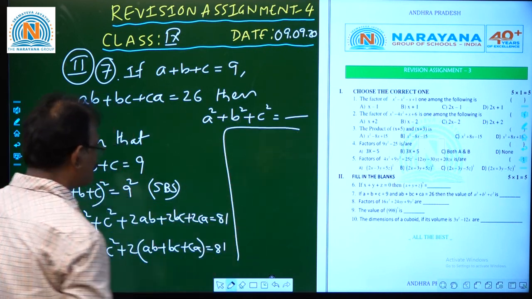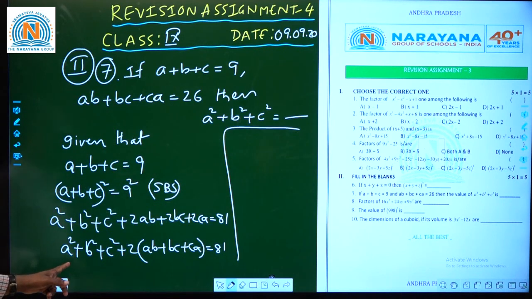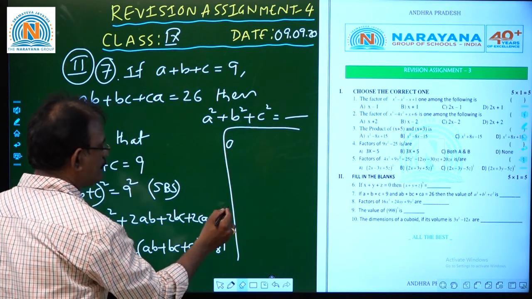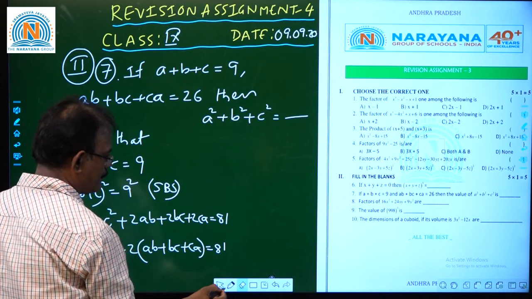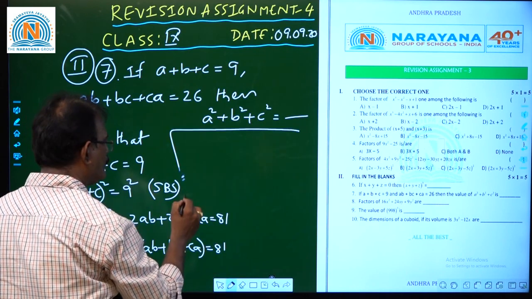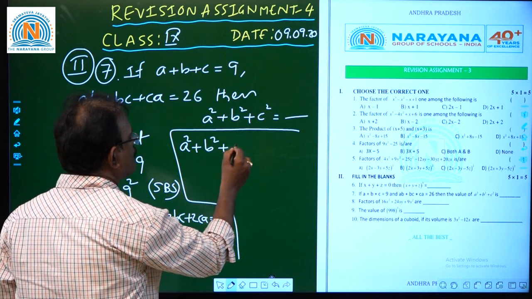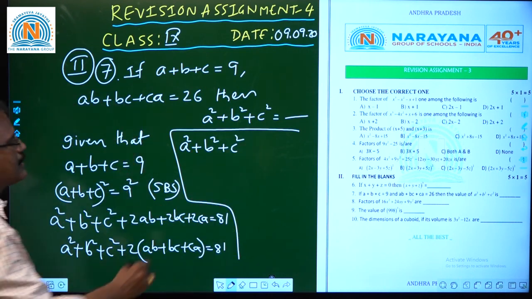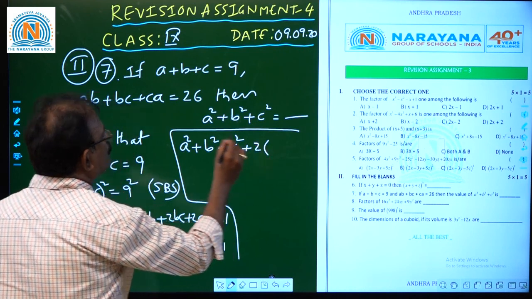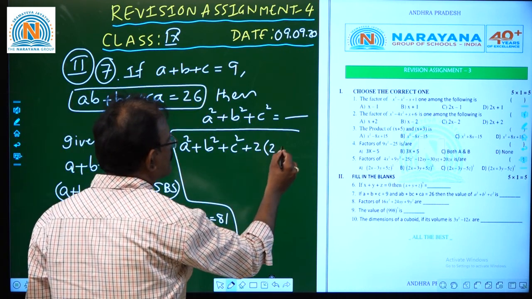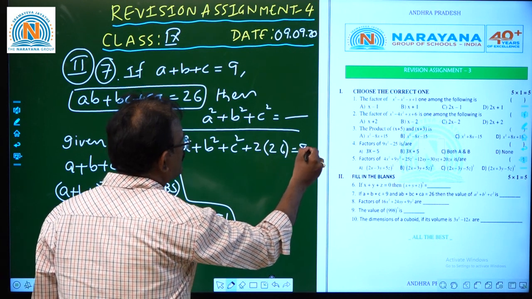Now a square plus b square plus c square value is required. So a square plus b square plus c square plus 2 into (ab plus bc plus ca), whose value is given as 26, is equal to 81.